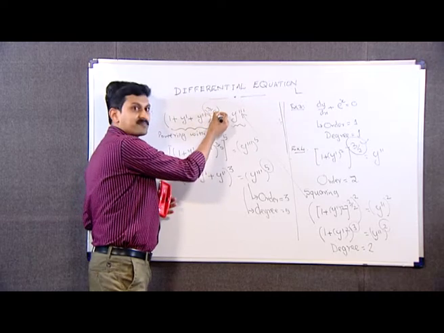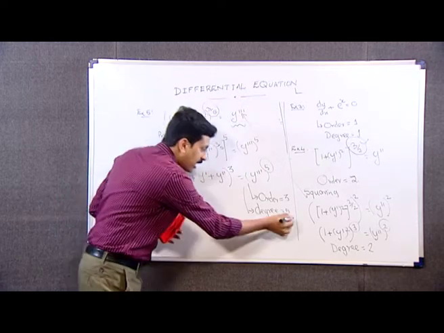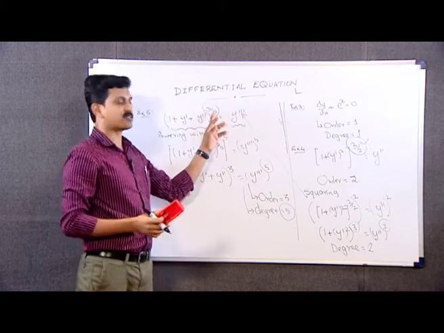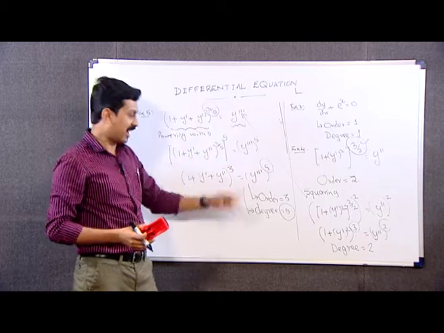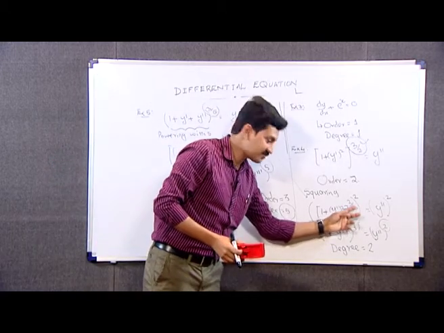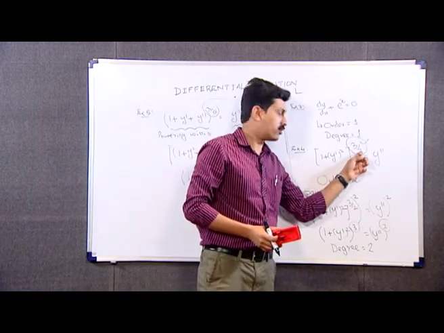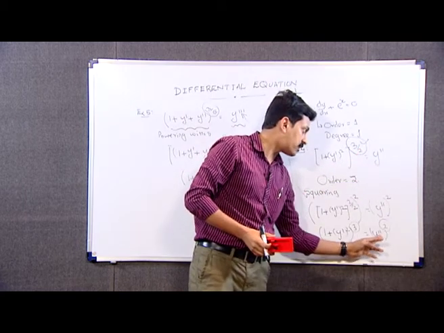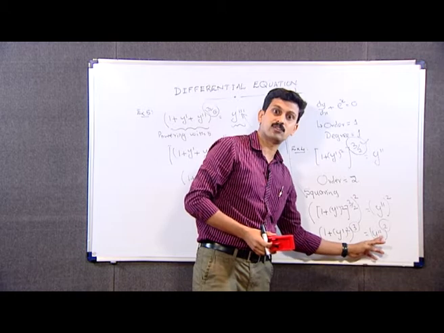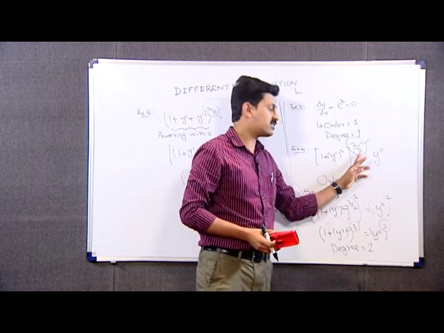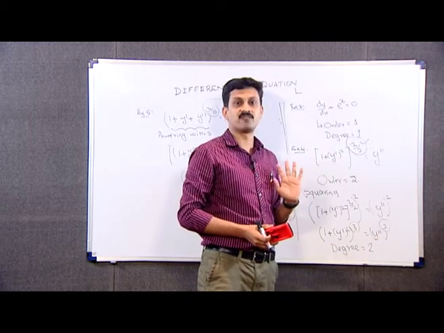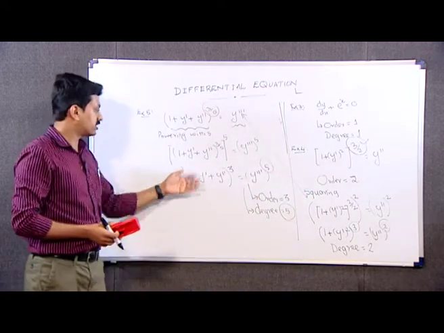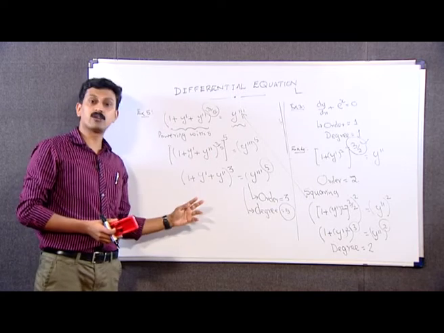In that rational power the denominator is 5. So, see the order of this differential equation, and here in this rational power the denominator is 2, and the right side contains only one single highest order derivative, therefore this denominator is the degree of the differential equation. So, we can have a simple conclusion from here.